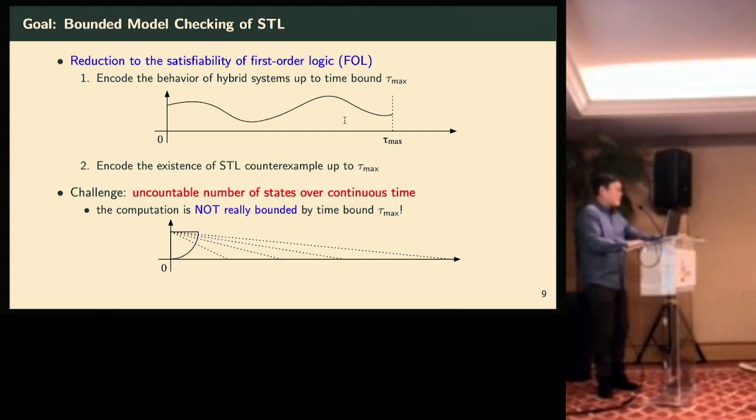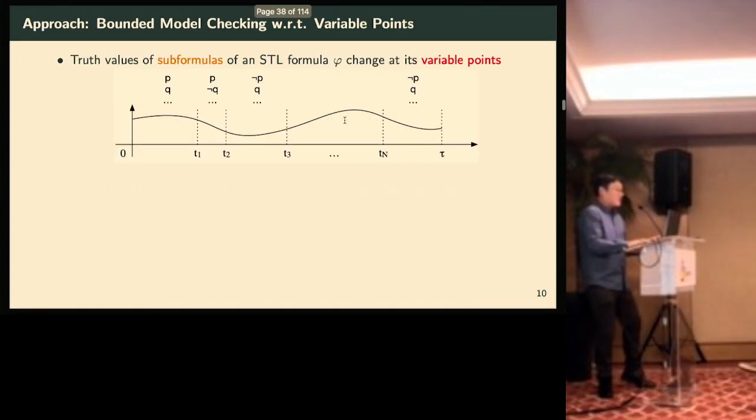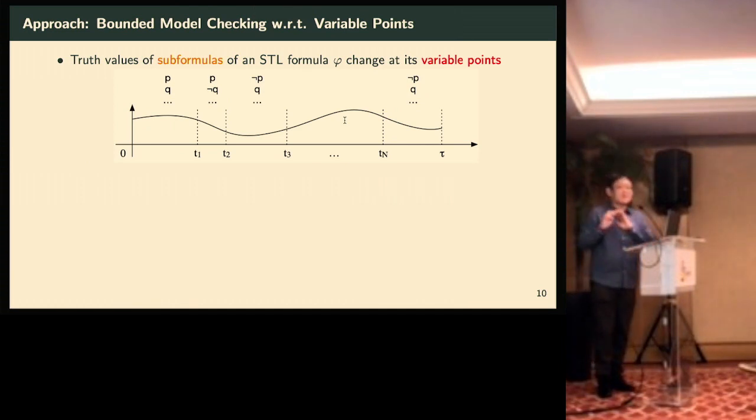Actually, the solution is quite simple, because we can just consider a similar property to non-zeroness of real-time systems. The slight difference is that in a real-time system, non-zeroness means the change of state itself is finitary. Here, we require that the truth value of each subformula changes a finite number of times within a fixed bound.